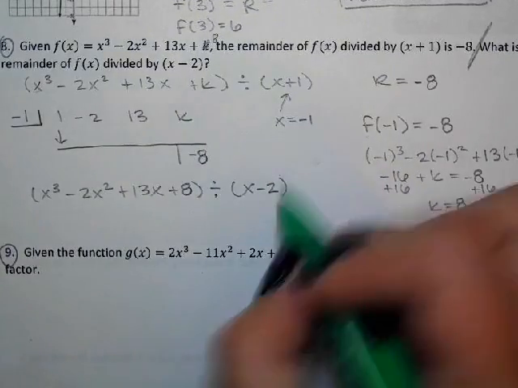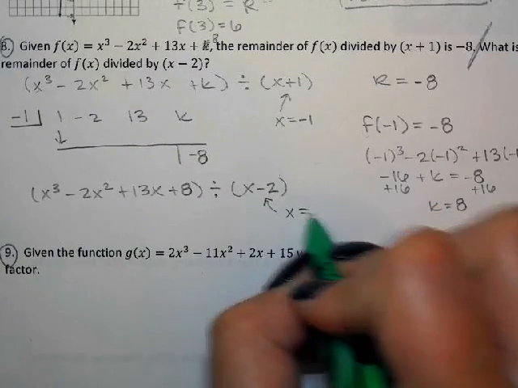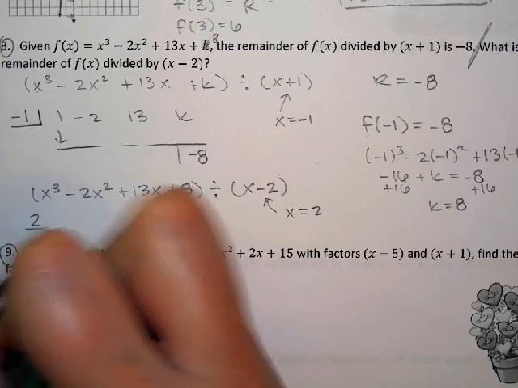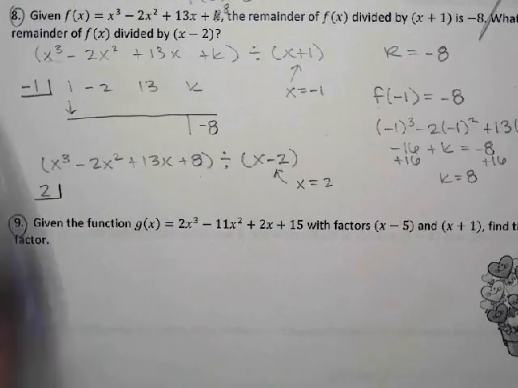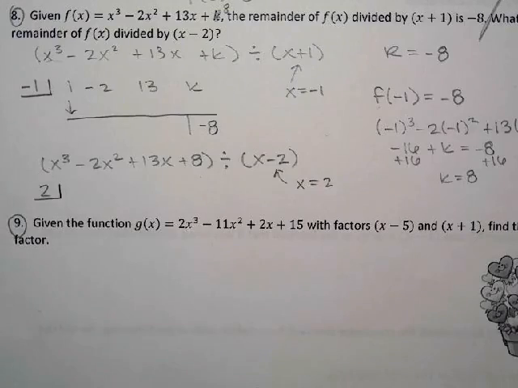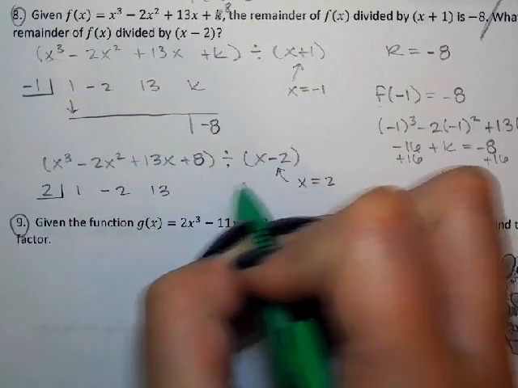What number goes in the box? X equals 2, right? So we have 2 in the box. And then this time when we set up our synthetic division, we don't have a k on the end because we actually know what k equals. We've done the first problem. So we can say 1, -2, 13, and 8.